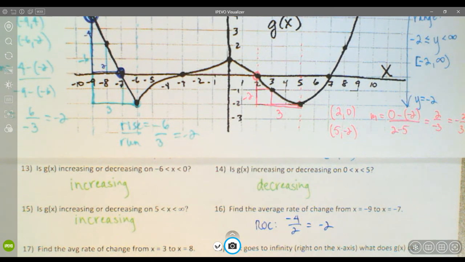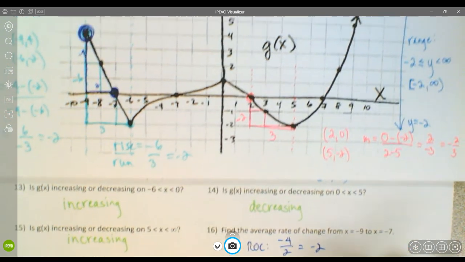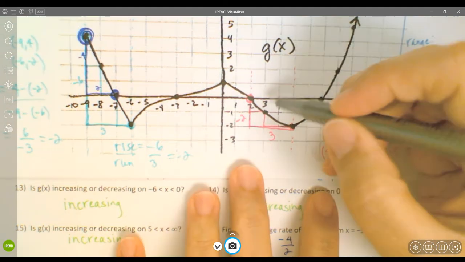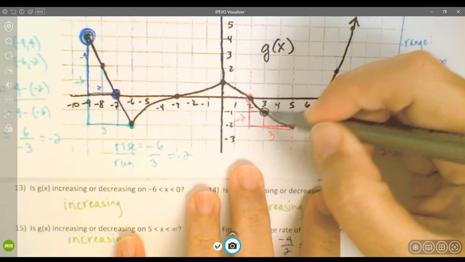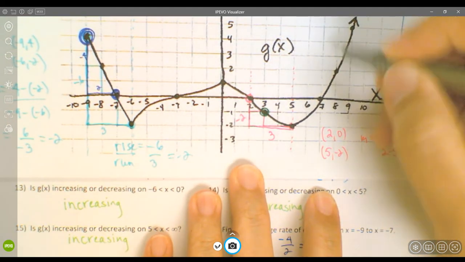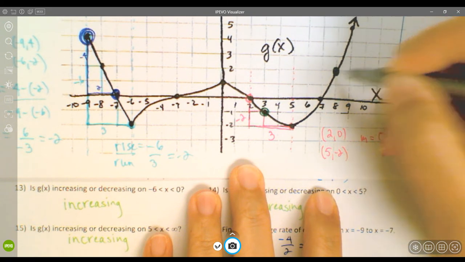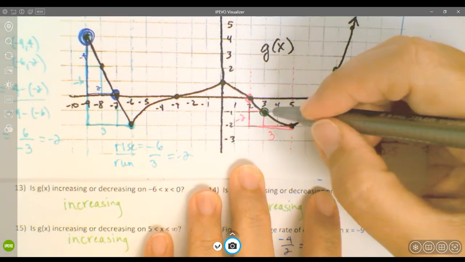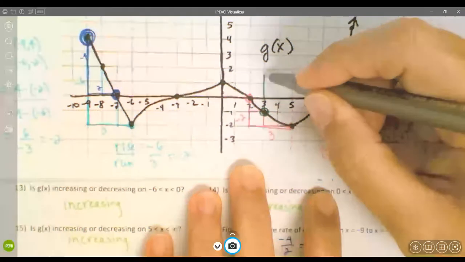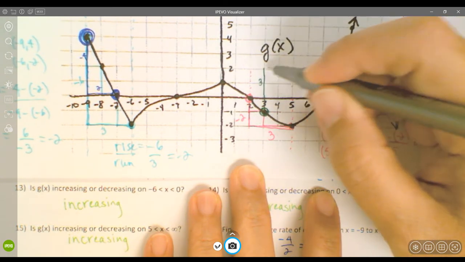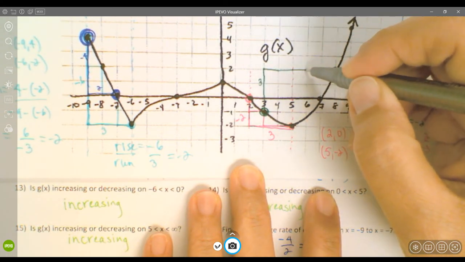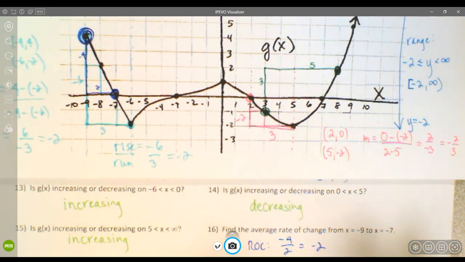Now I need to find the average rate of change from x equals 3 to x equals 8. So from x equals 3, we are here. And when x equals 8, we are here. So what is my rise? I rise up 1, 2, 3, and then I run 1, 2, 3, 4, 5.